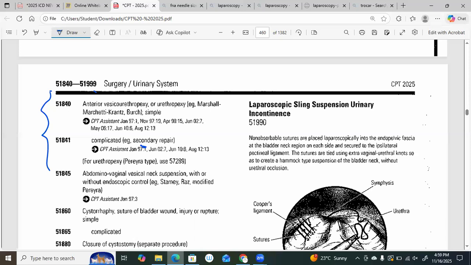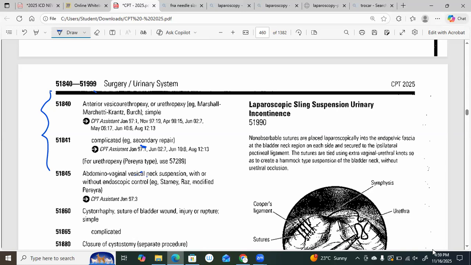Next we have 51845. This describes an abdominal vaginal vesical neck suspension. As its name says, this is a female specific code because here we have the female specific organ, the vagina. So this code we can use for females only.